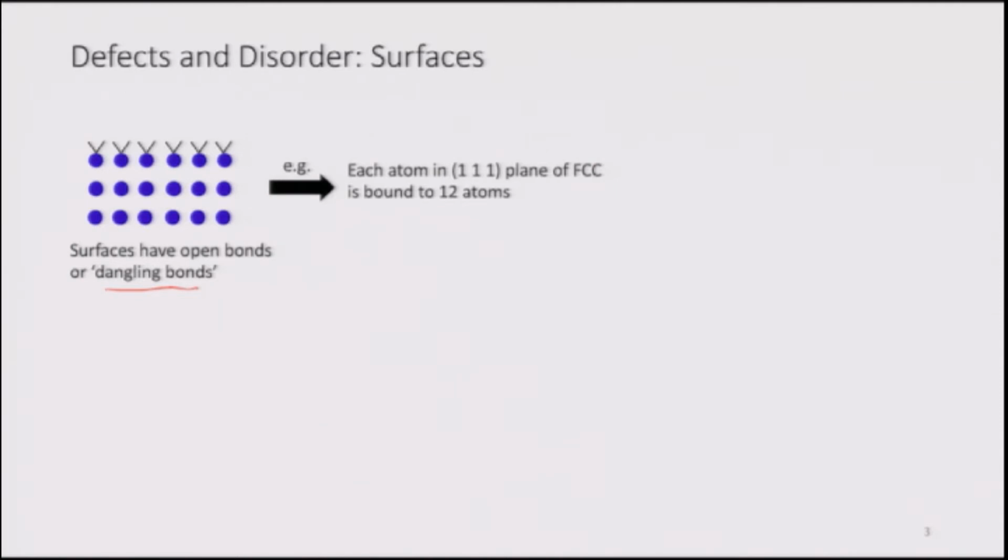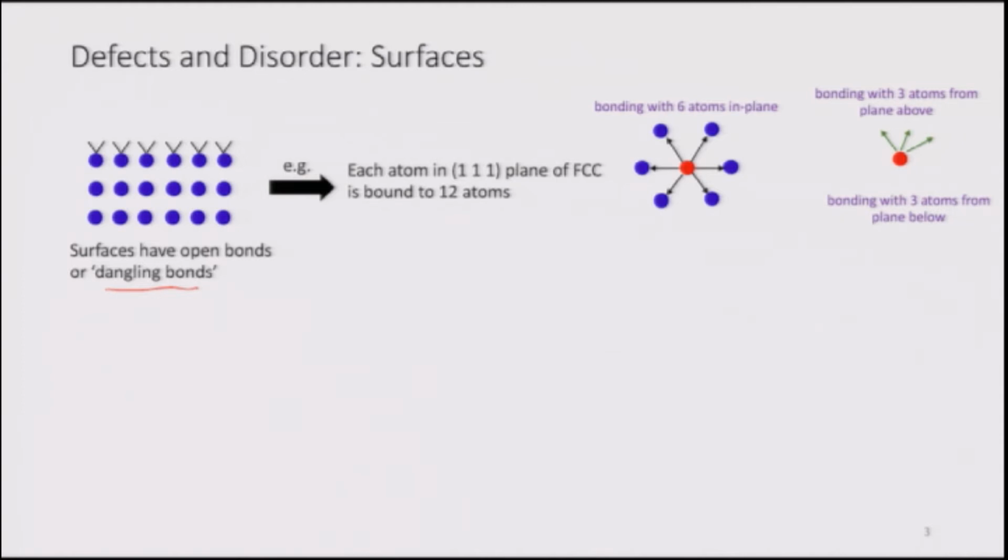On the 1-1-1 plane specifically, 6 of these 12 neighboring atoms are in plane. I have shown an example here. The red atom here is the atom that we are talking about, and there are 6 blue atoms shown, which are the in plane neighbors of this red atom. 3 atoms are on top of this plane and 3 more at the bottom of this plane, which are nearest neighbors of the red atom.